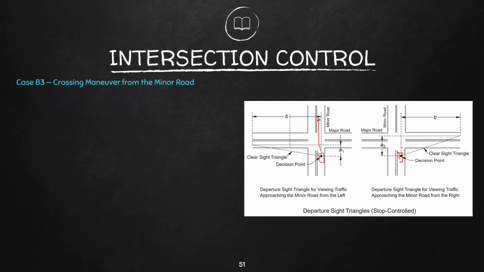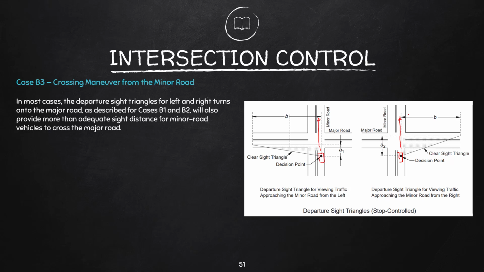So you can use both of these. In most cases, the departure sight triangles for left and right turns onto the major road as described in cases B1 and B2 will also provide more than adequate sight distance for minor road vehicles to cross the major road. So these values are longer and adequate in this consideration of case B3.